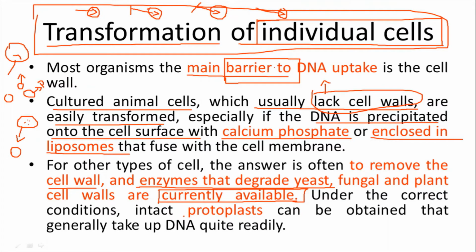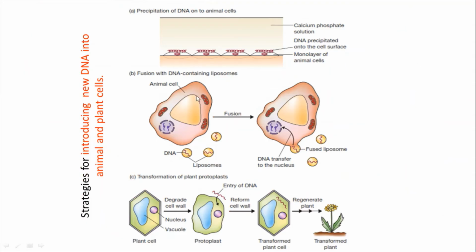Here, a very simple explanation is mentioned. This is a basic transformation technique used in animal culture. So this is the animal protoplast culture, and this is recombinant DNA, also treated with calcium phosphate. The calcium phosphate binds to the DNA.